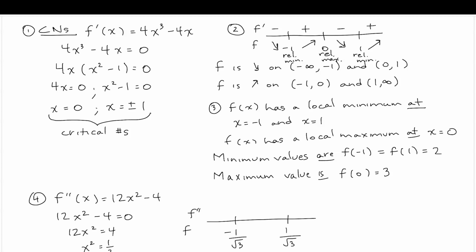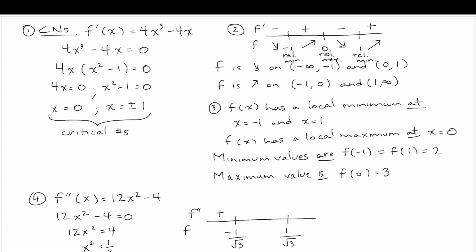So when I plug a value for x less than negative 1 over root 3, and again, if you're not sure what number that is, you can put it in your calculator to get a decimal, or you could just take something that definitely is very safe, like negative 10 or negative 5. And when you plug that into the second derivative, you get a positive value.